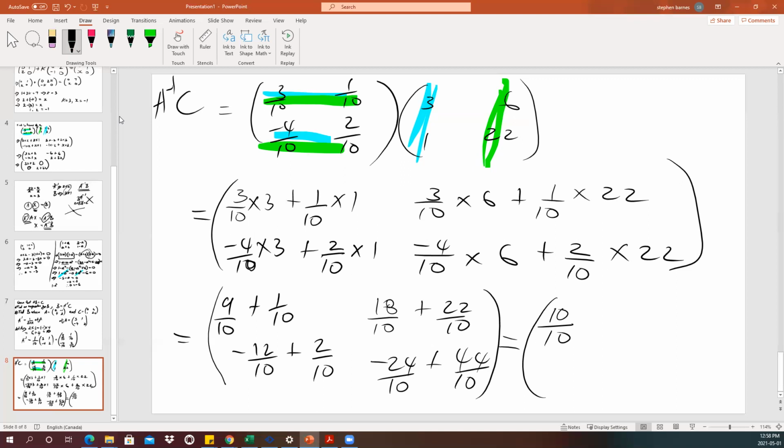So negative 12 over 10 plus 2 over 10, that's negative 10 over 10 to be accurate, right? What about this? 18 plus 22, that's 40. So I have 40 over 10. And here now, minus 24 plus 44. Because remember, all of them have the same denominator.